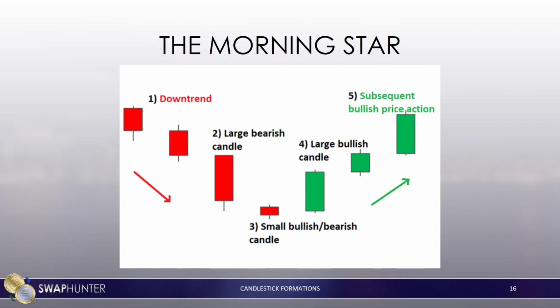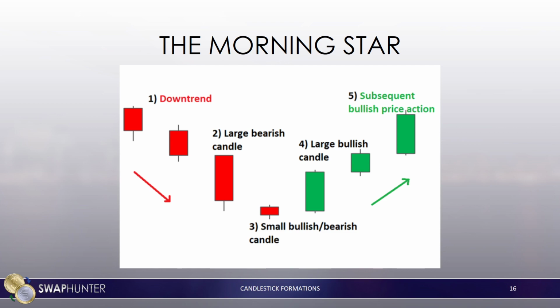In this particular formation, the Morning Star, we do have a doji candle, which is the third point here, a small bullish or bearish candle. It could be a simple doji. Dojis tend to show indecision in the markets, but they don't all show that. There are 5 different types, as I just said. They don't all show slowing momentum or indecision in the markets, so bear that in mind as well.